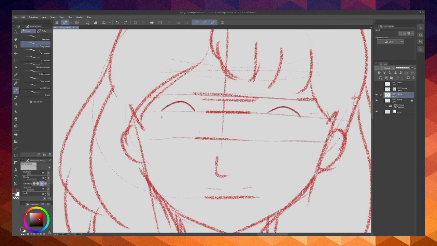It's a kind of round shape and has more detail than the usual anime eye. In fact, it's even got the actual lower eyelid. Oh, that looks scary.